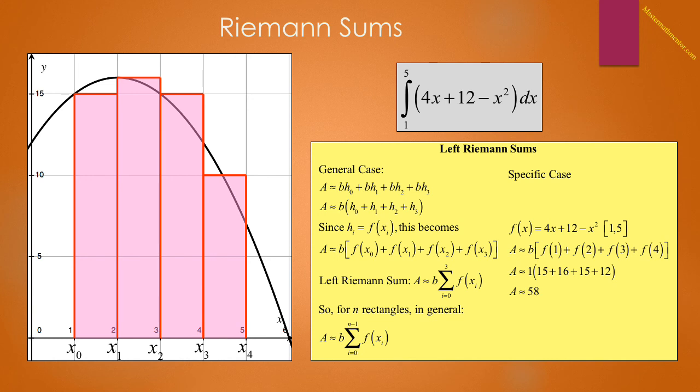And in that case, we would have 1 times quantity 15 plus 16 plus 15 plus 12, which is 58. So for n rectangles in general, area will approximately equal b times the summation where i runs from 0 to n minus 1 of f of x sub i.